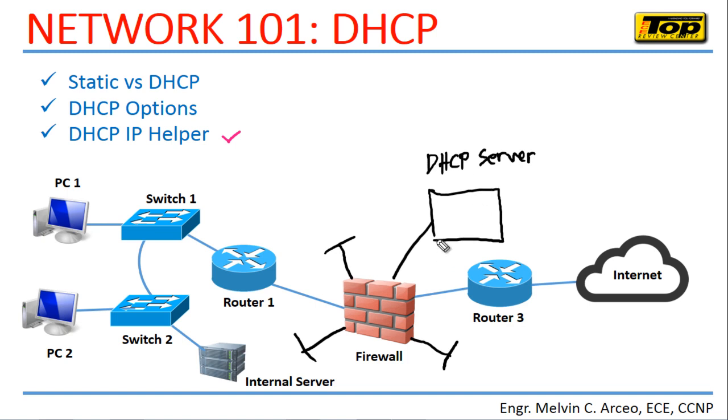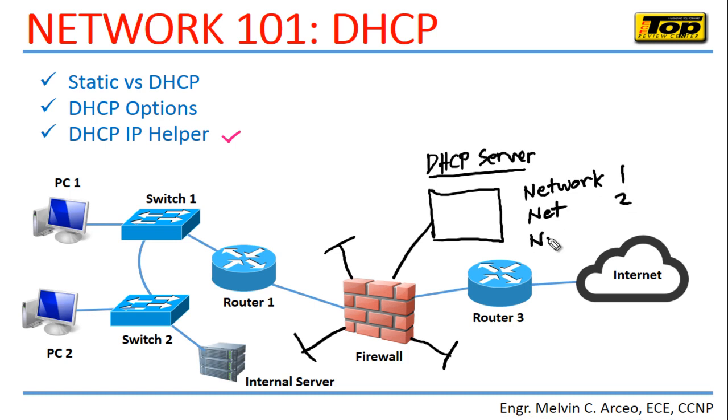Yun nga lang, ang mangyayari dito is, of course, you have different networks. No? Kung meron kang iba-ibang mga networks, therefore, you will have different network addresses. So, ang pwedeng gawin ngayon ni DHCP server, this outside DHCP server, pwede niyang hati-hatiin yung mga subnet. So, for example, on network 1, network 2, network 3, iba-iba yung mga scope or iba-iba yung mga subnets for each individual network.